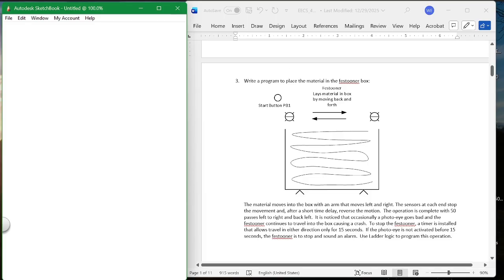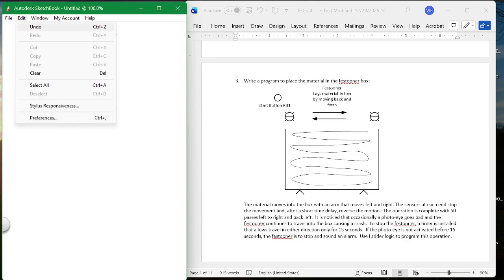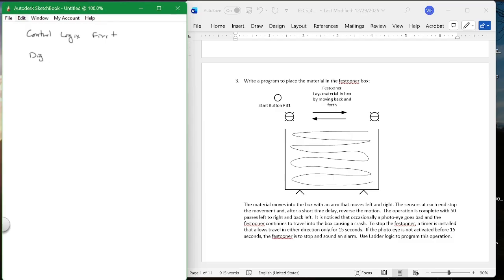Okay, so the rules of the road are: write the control logic first, then go back and do the diagnostics second. Okay, so you push a button.